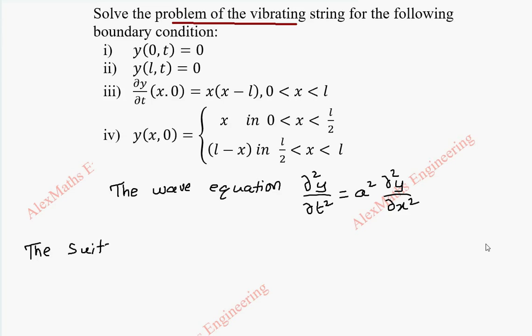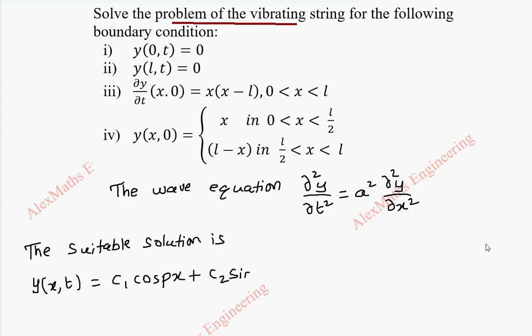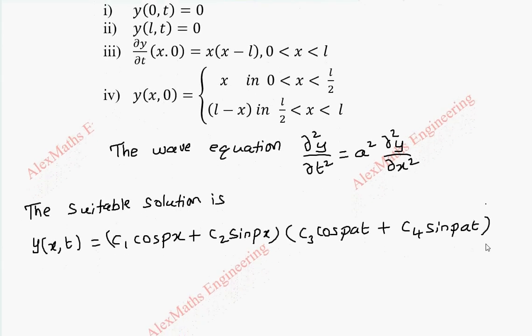The suitable solution is y(x,t) = (c1 cos px + c2 sin px)(c3 cos pat + c4 sin pat). Now we are going to use the first condition.